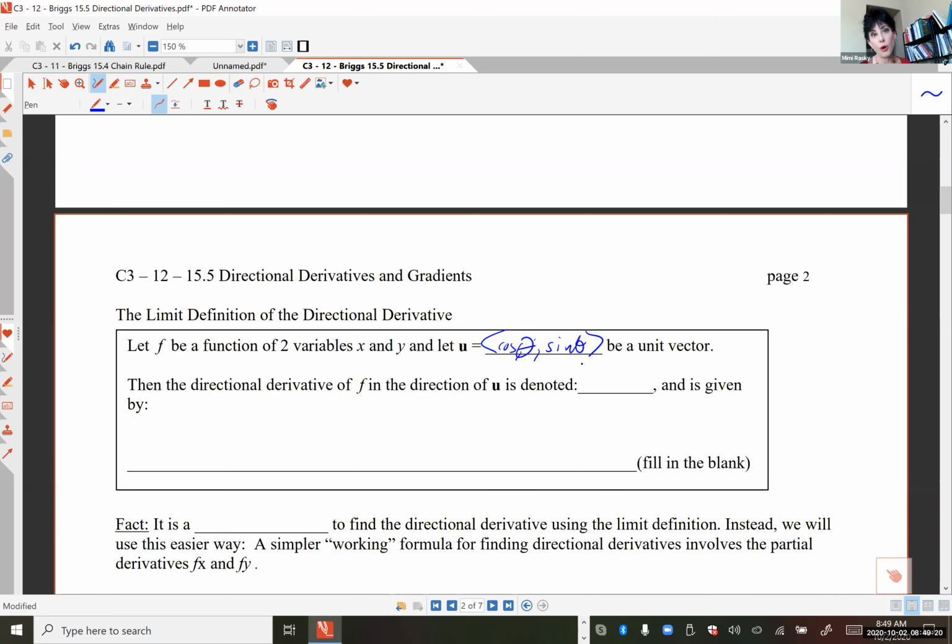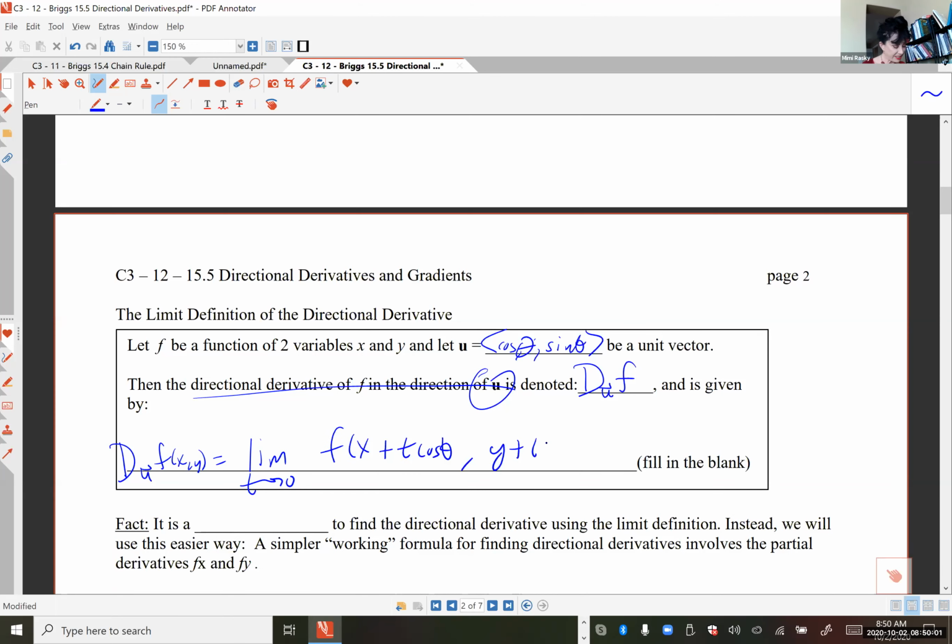And here's the weird notation. Capital D, that stands for directional derivative, subscript u, that's saying in the direction of this unit vector, of the function that's representing your surface, okay? So if you want to find that, your D_u f of (x, y) is going to be the limit as t goes to 0 of f evaluated at (x plus t cos theta, y plus t sine theta), minus f(x, y).